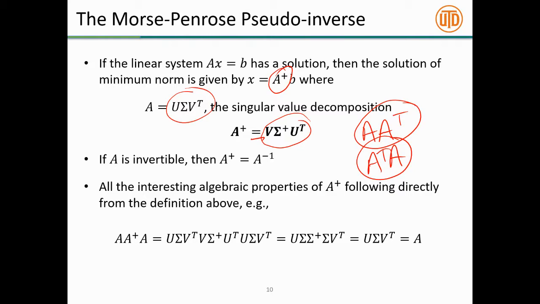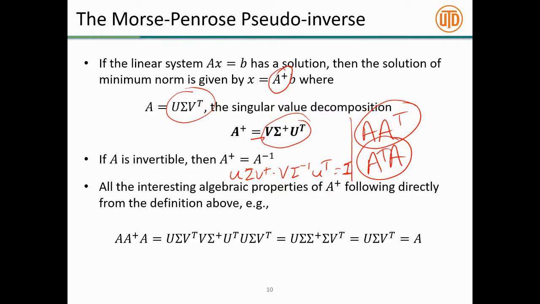Then the rest of it is easy to check. If sigma plus is sigma inverse, then U times sigma times V transpose times V times sigma inverse times U transpose is just equal to the identity matrix of the appropriate size. So that is literally the inverse in the case that A is invertible.